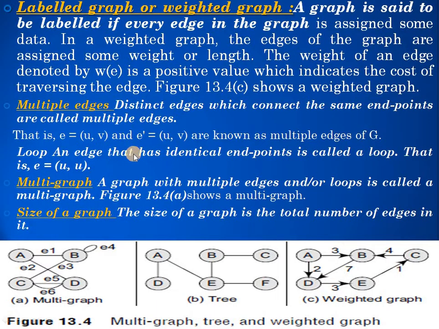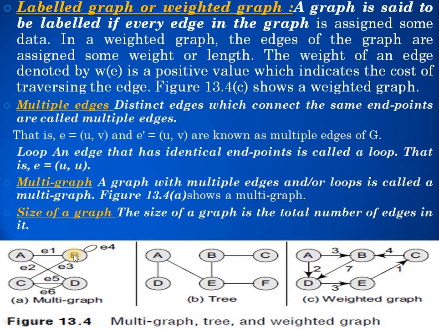Loop: an edge that has identical endpoints is called a loop. That is, edge E from U to U, where the initial node and the terminal node are the same, that is a loop.